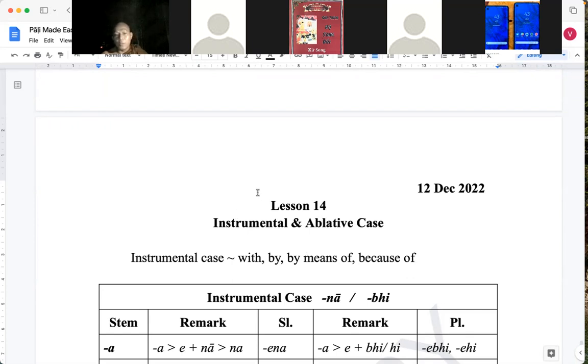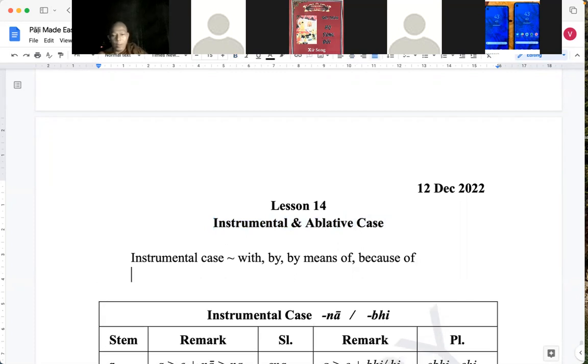Also in this lesson, you see, the ablative case and the instrumental case are together. So the ablative case is translated using, actually, from.